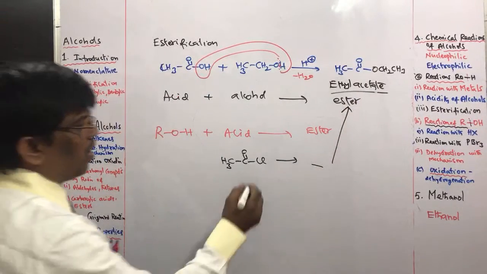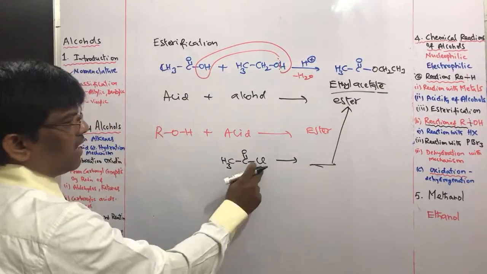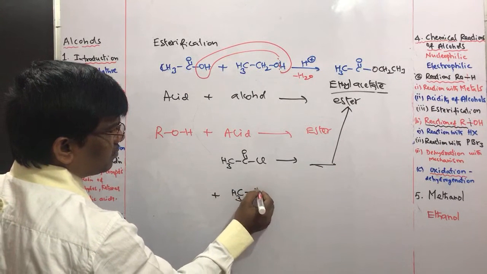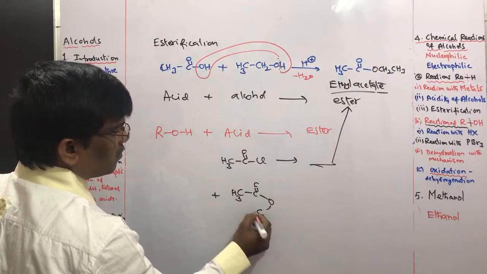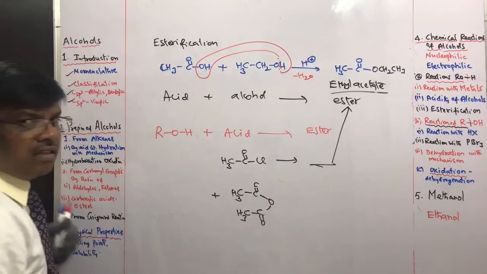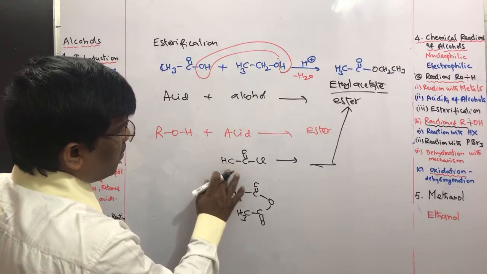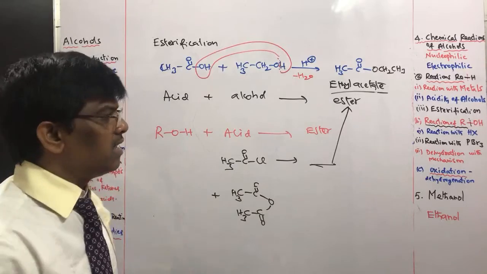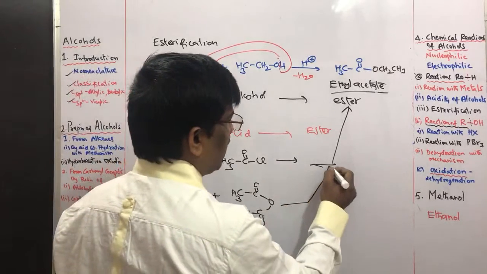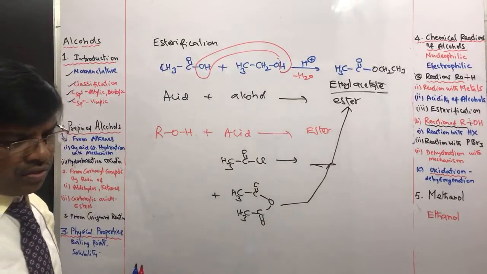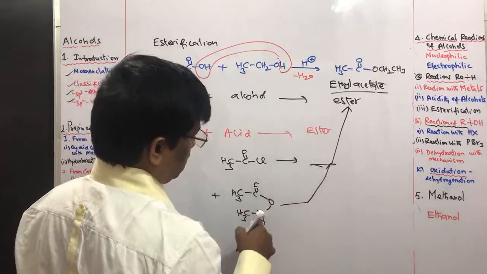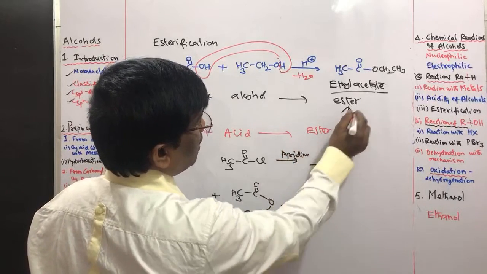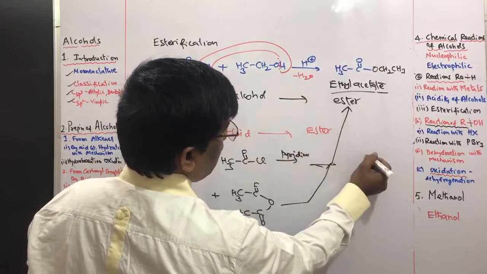So I can use acid, acetyl chloride, or acetic anhydride or other anhydrides, which also give esters. In this case, I can use pyridine to take up the HCl.